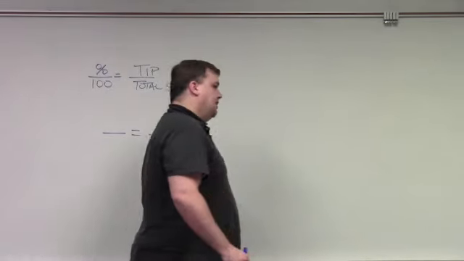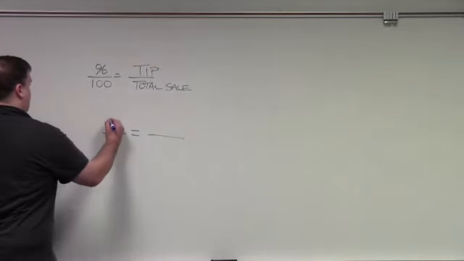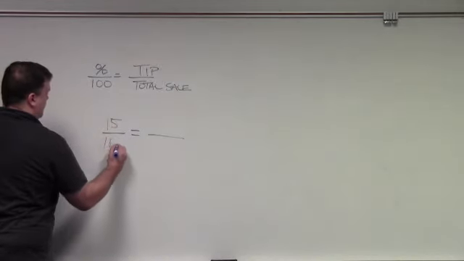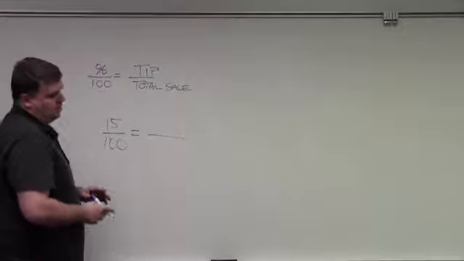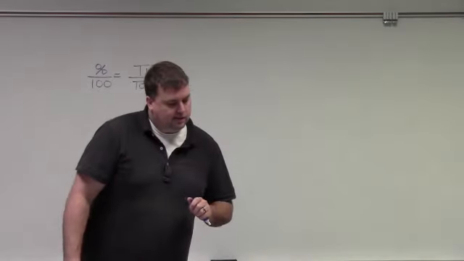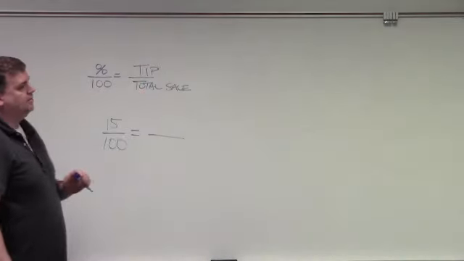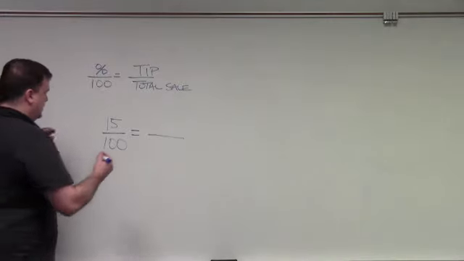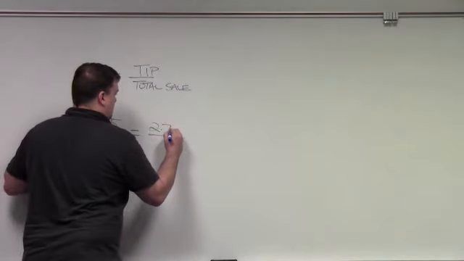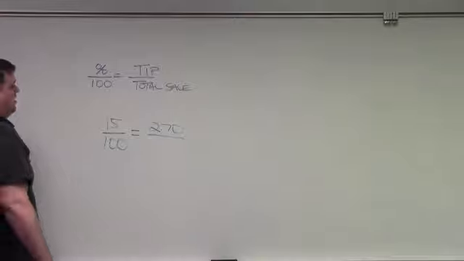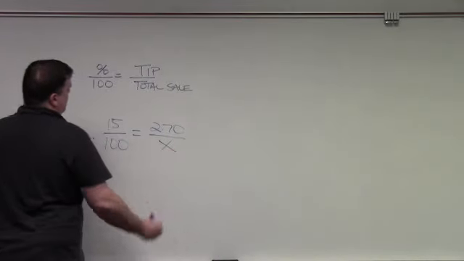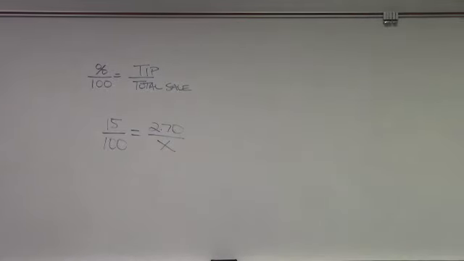Are they giving us a percentage? Yes, 15. Are they giving us the tip, or are they giving us the total cost of the meal? They're giving us the 2.70. What we don't know is how much the meal costs before the tip. So how did I solve that?